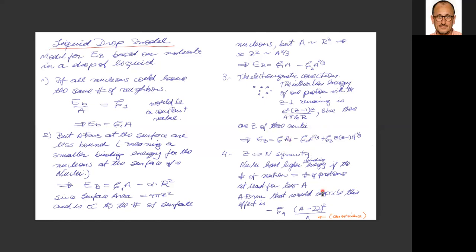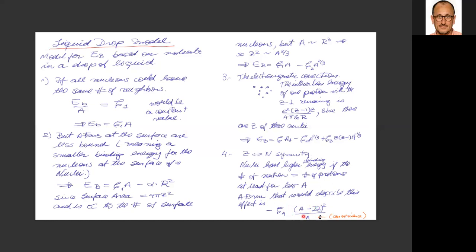The other one is the Z-N symmetry. Nuclei have a higher binding energy if the number of protons is equal to the number of neutrons, okay? This is very much true for low values of Z. So one way of writing a contribution like that: if A is not equal to 2Z, the binding energy should be lower.